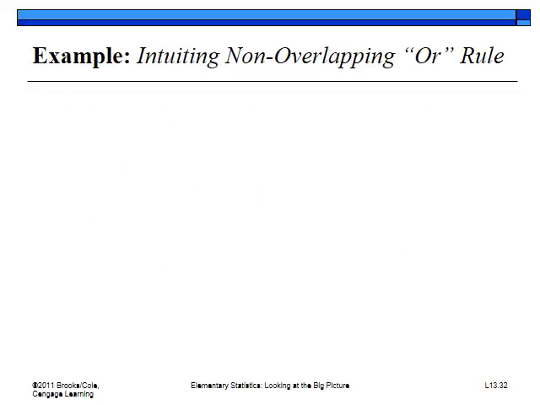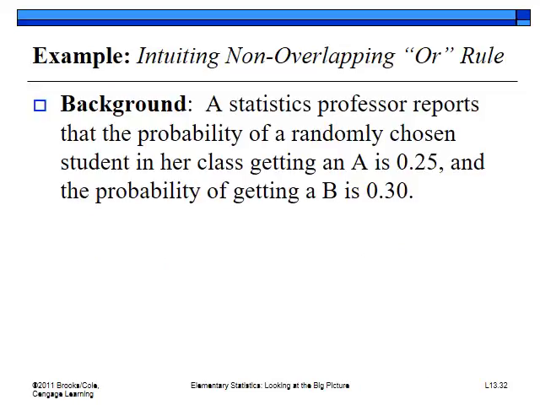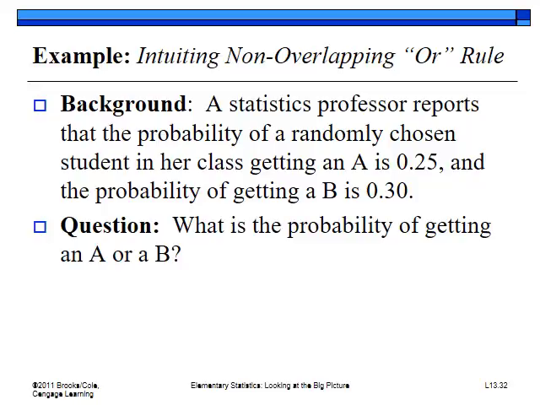So let's look at the OR rule. If the professor reports the probability of a randomly chosen student getting an A is 0.25 and the probability of getting a B is 0.30, what is the probability of getting an A or a B?